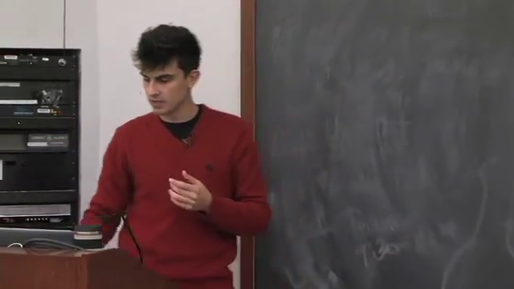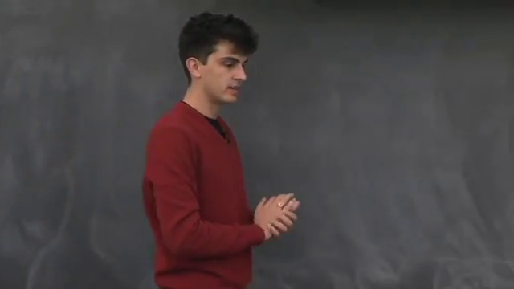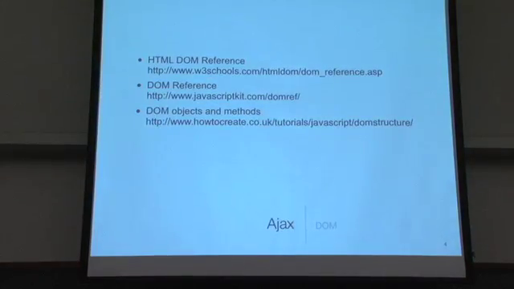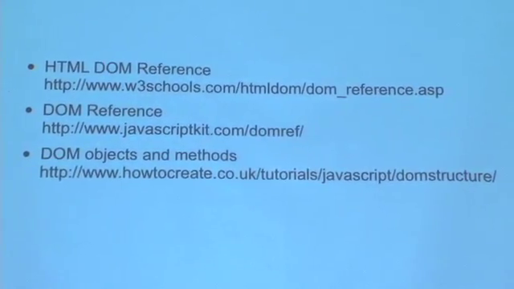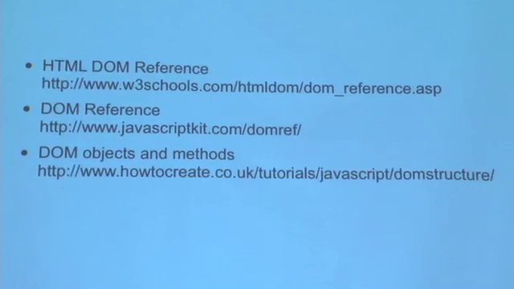With the DOM, you can have a variety of methods and fields. There's a whole bunch of references online that I'd refer you to if you want to find out more of the methods that are available, find out how you can access children directly. We're not going to have time to go into a lot of the specifics, but certainly there are a lot of resources online for you to find out more.